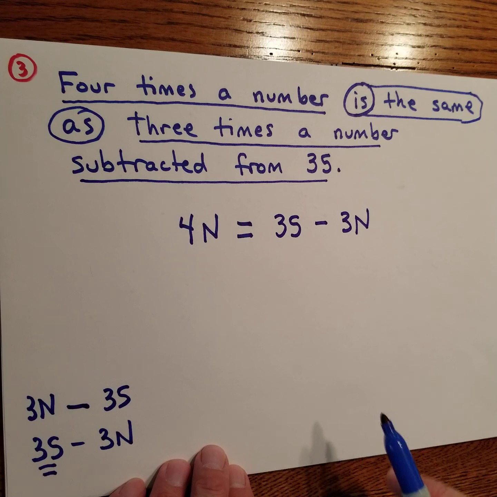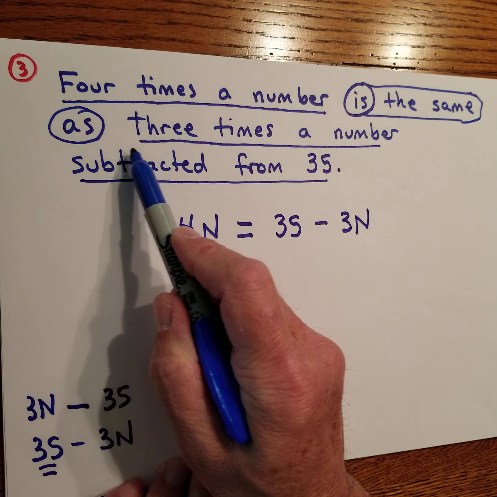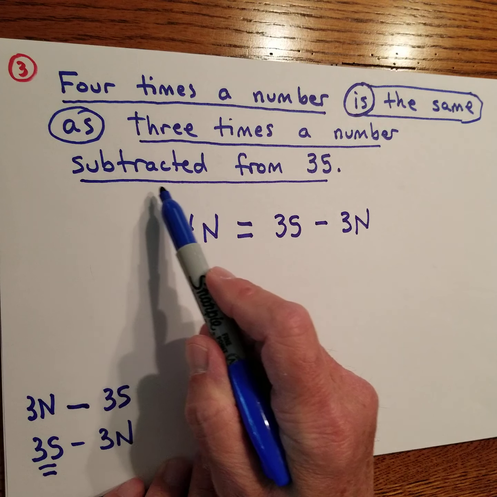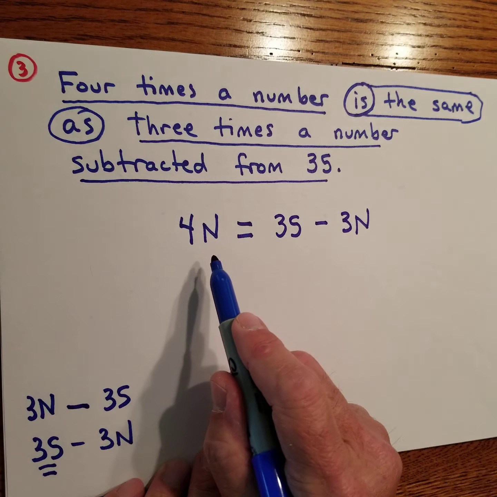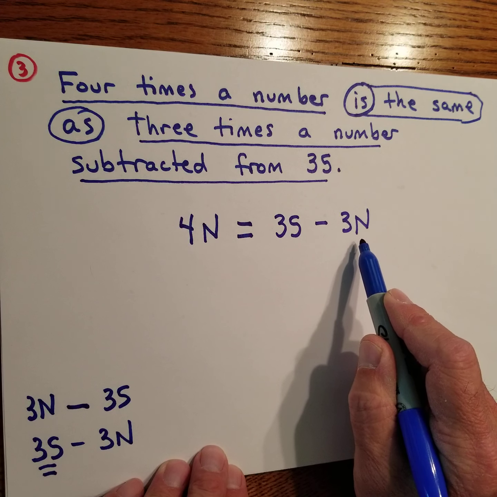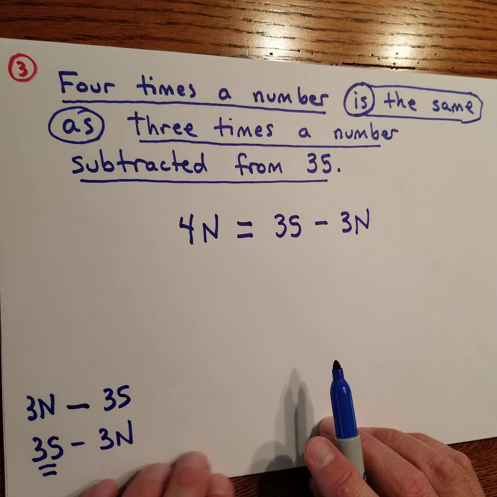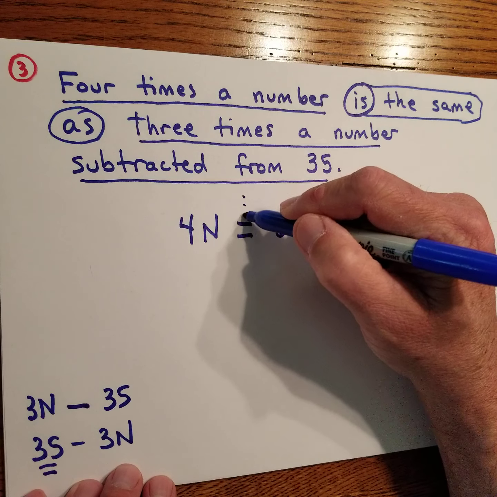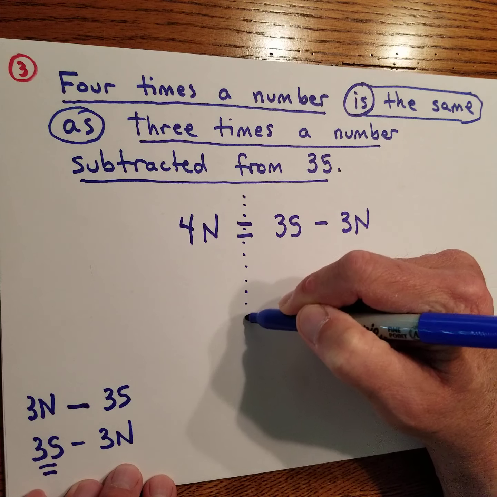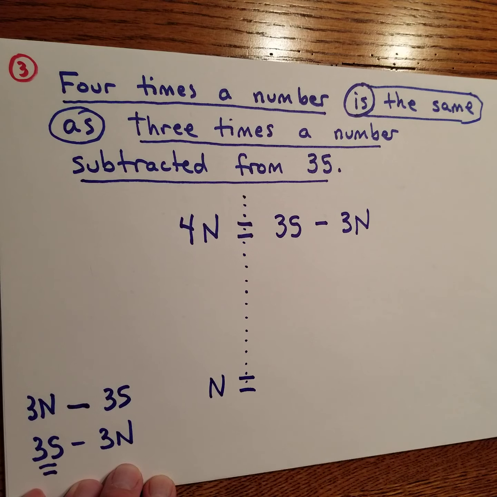Let's see if we've got it all now. 4 times a number is the same as 3 times a number subtracted from 35. Good. Now when I'm finished, I want my variable to be on the left-hand side.